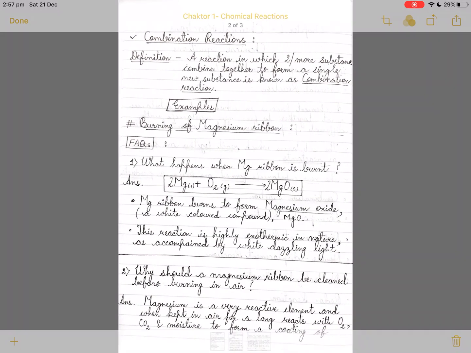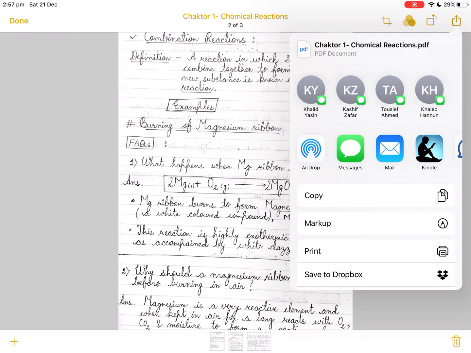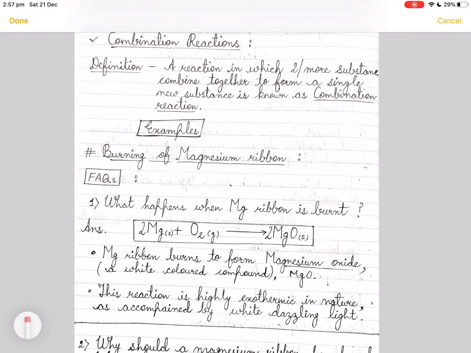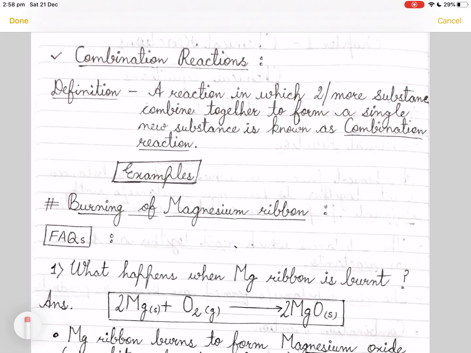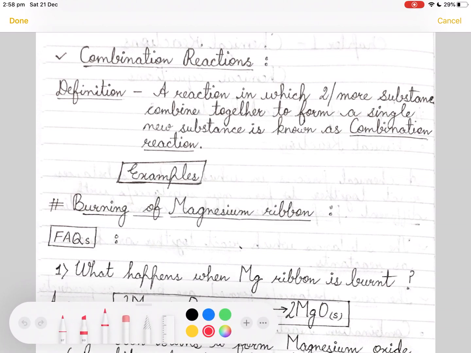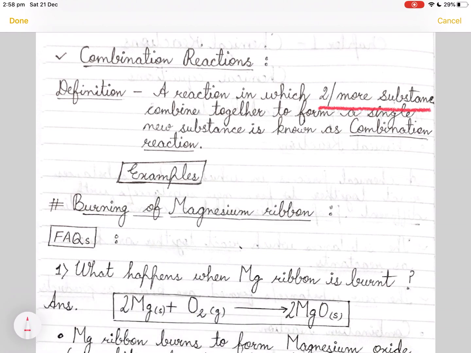So here we get started with combination reaction. Now what exactly is meant by combination reaction? A reaction in which two or more substances will combine together to form a single product is known as a combination reaction.